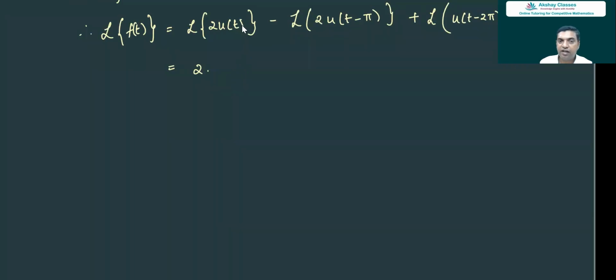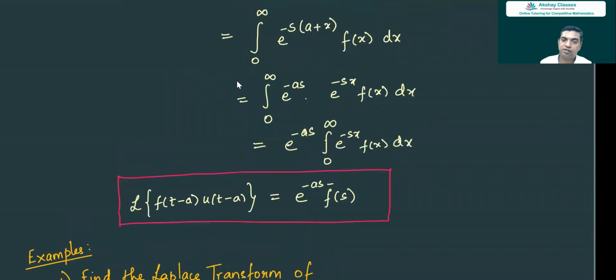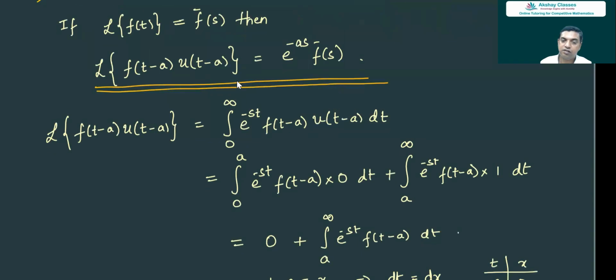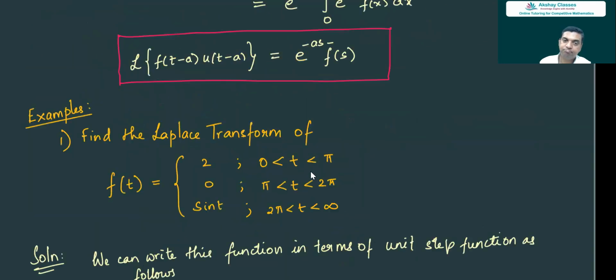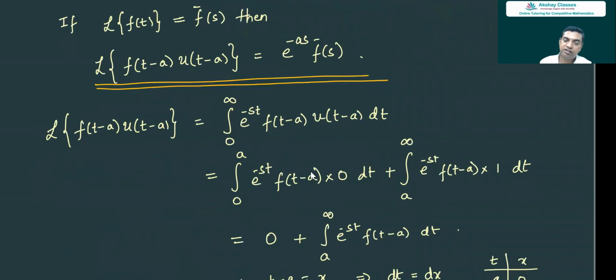So a is 0 here. So you get e power minus 0 times s upon s. So basically it is 2 by s minus 2 e power a is pi, so e power minus pi s upon s.